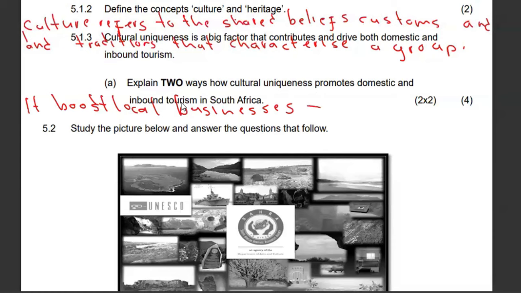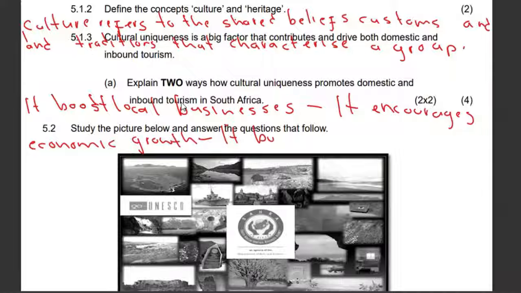It boosts local businesses by attracting tourists. It encourages economic growth. In addition to that, it builds local partnerships. So that is how it takes place.